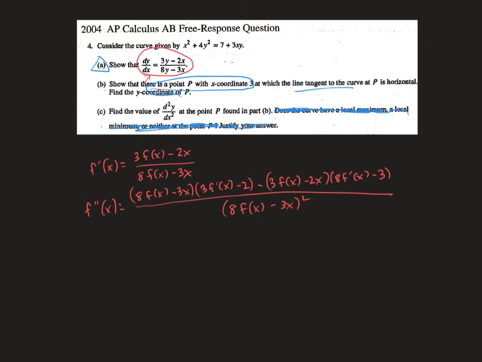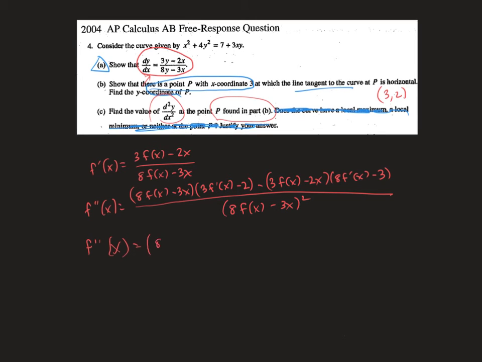Now, they asked us to find this value at the point you found in part B, which if you remember, it was (3, 2). So what we're going to do is everywhere we see a y, we're going to replace it with 2. Now remember, in this case, the f of x's are y's.